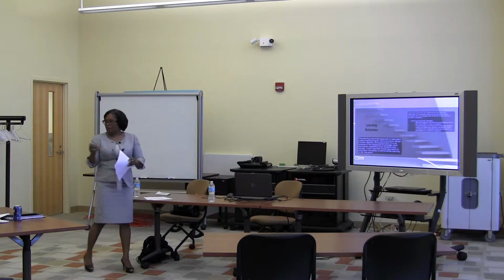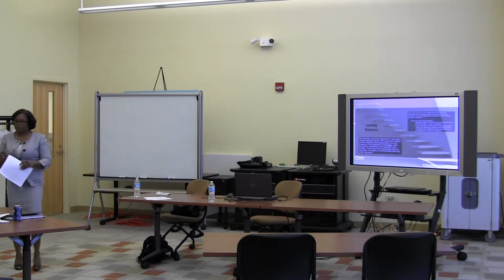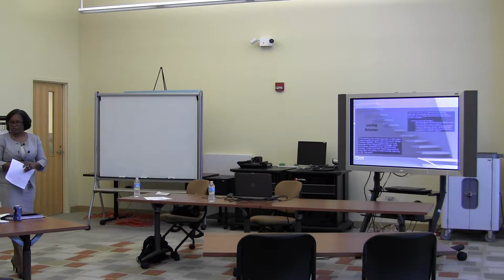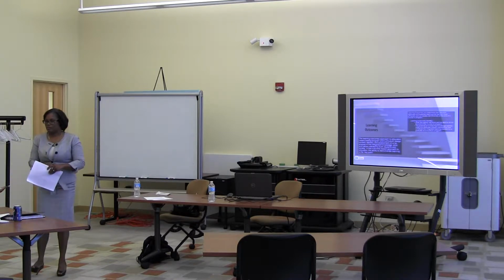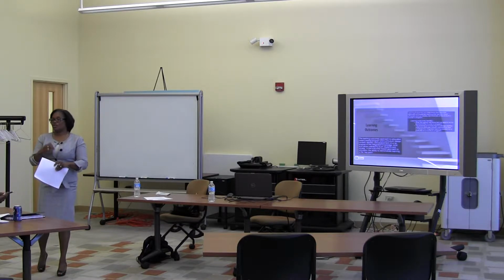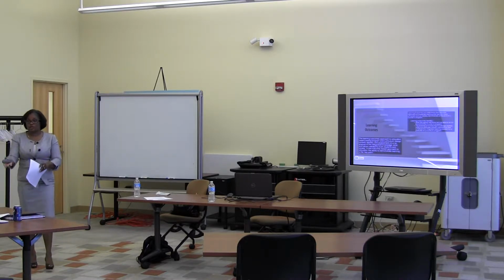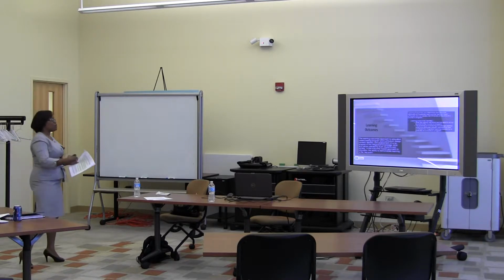So an example, let's take the same typing class. So in the typing class, my outcome would be to familiarize students with the computer, if that's in fact what we're using, that will allow them to type 65 words a minute? Would that be my outcome? That would be your outcome, because that's what you want them to be able to do. What is it that I want them to do?